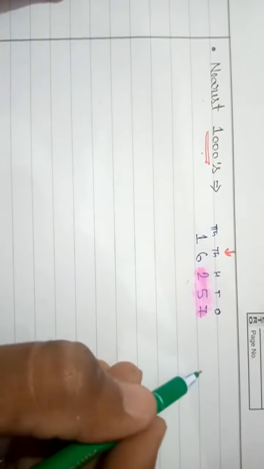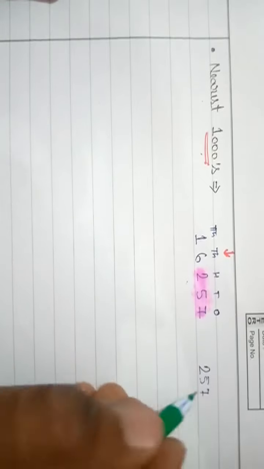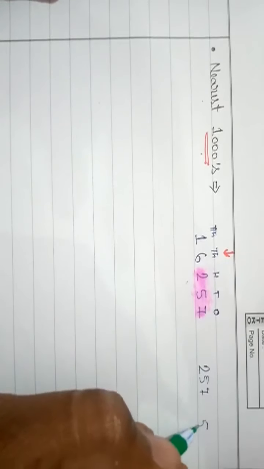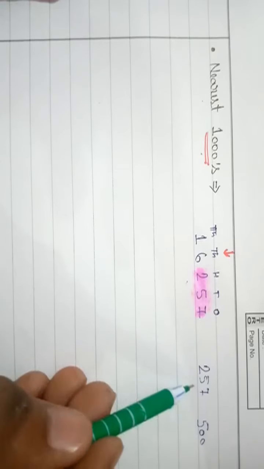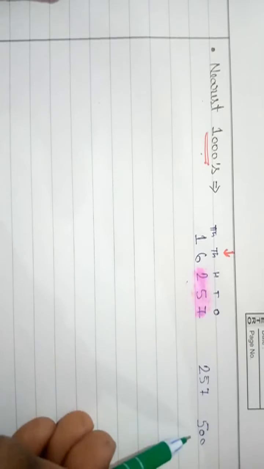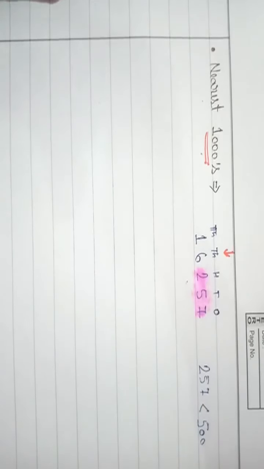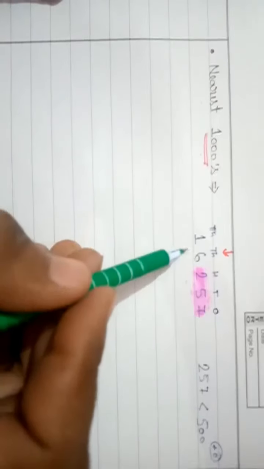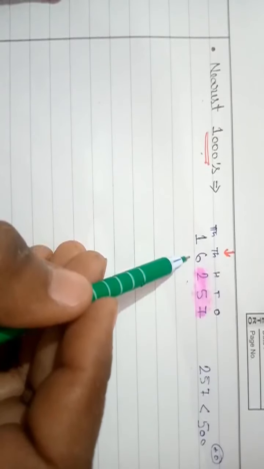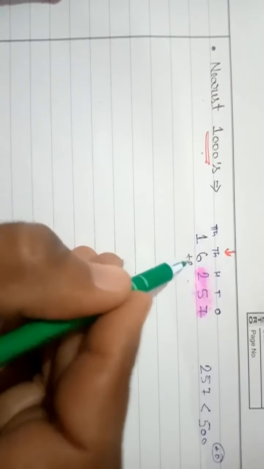So we will compare our highlighted digits with 500. The highlighted digits are 257. Compare with 500. Here you are seeing 257 is less than 500. So here we will add 0 in our target place. The target place is 6. We will add 0 here.